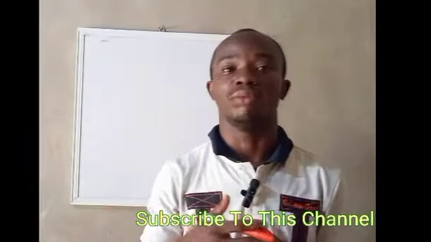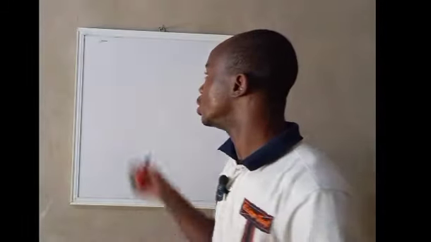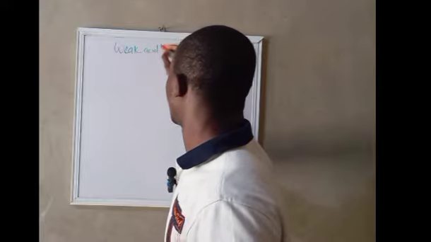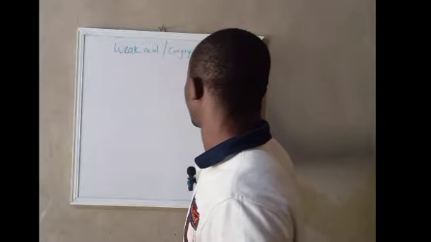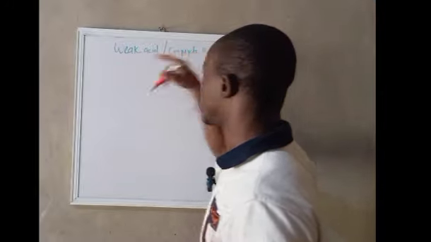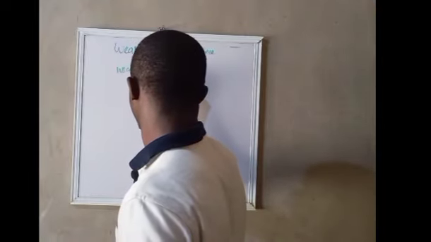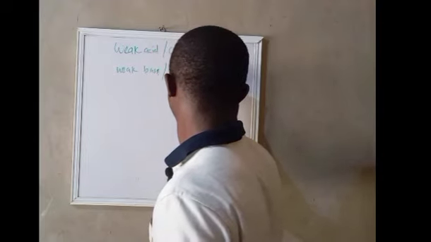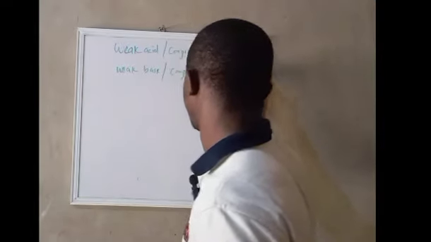It doesn't allow much change in the pH of a solution, and most times such systems usually contain a weak acid and the conjugate base of that weak acid, or you can also have a weak base and the conjugate acid of that weak base.